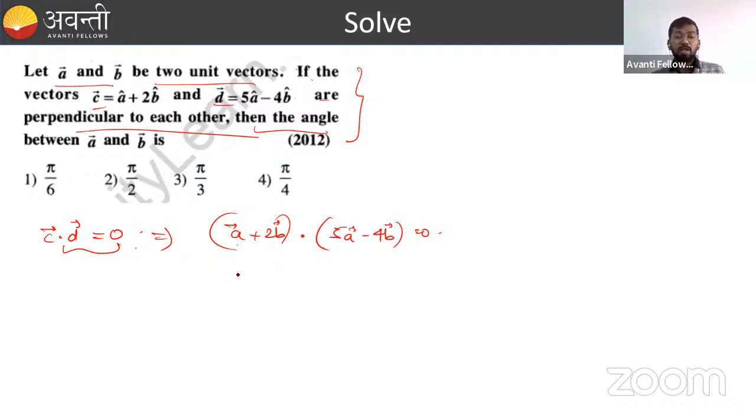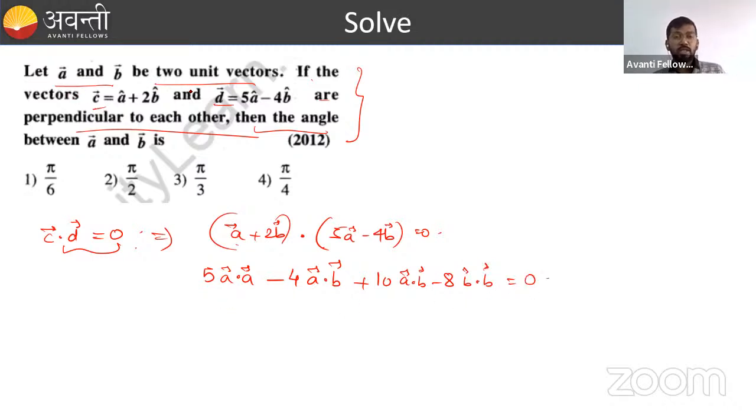So A bar dot 5A bar, so this will be 5 A bar dot A bar. Now minus 4 times A bar dot B bar, okay, plus 10 times A bar dot B bar minus 8 times B bar dot B bar equals 0, right?